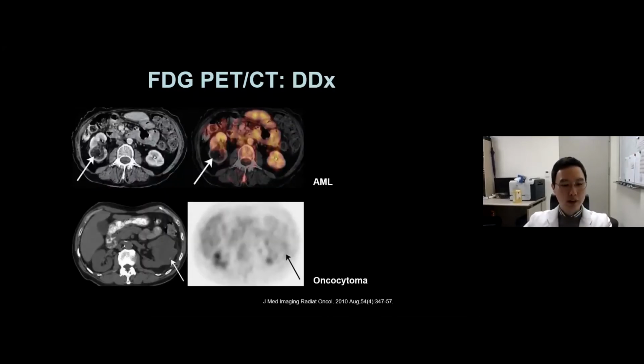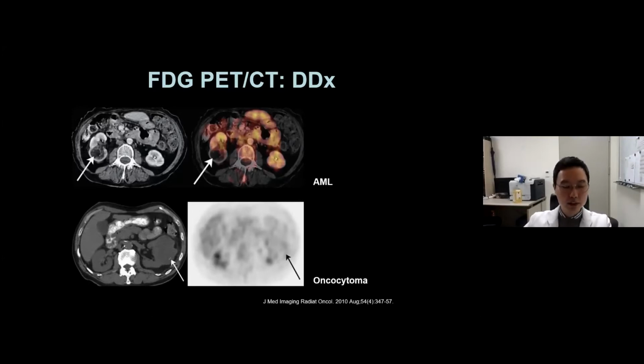So again, AML and oncocytoma usually showed a very low FDG uptake on PET-CT compared to a high grade or papillary cell type.